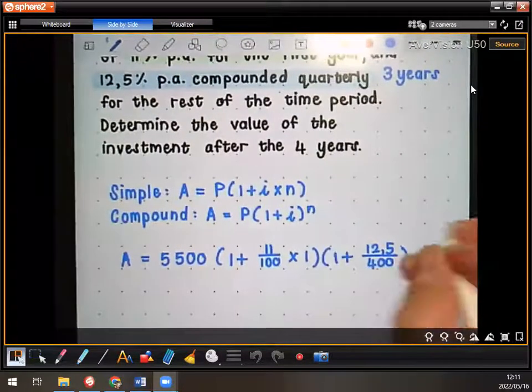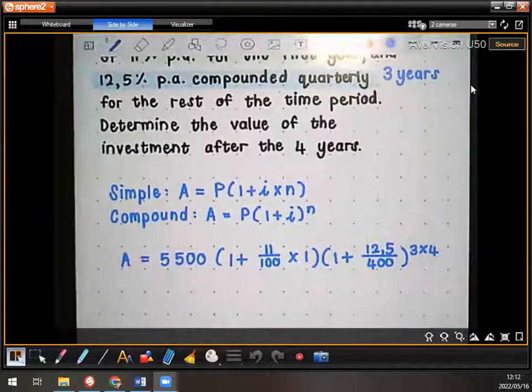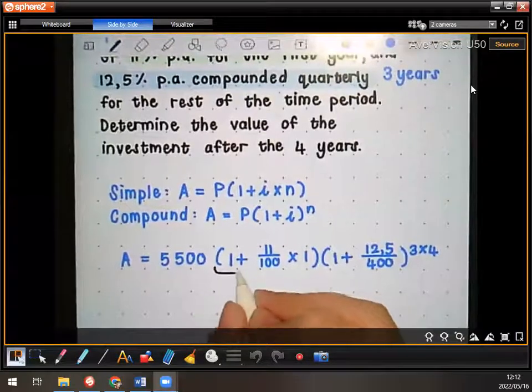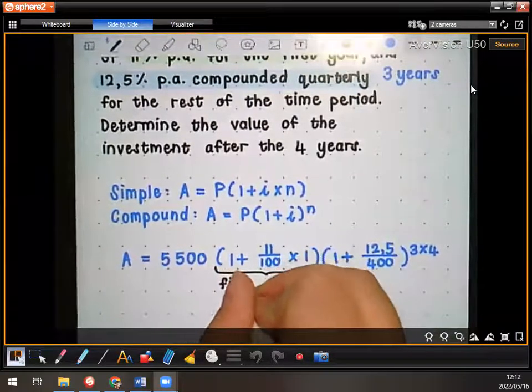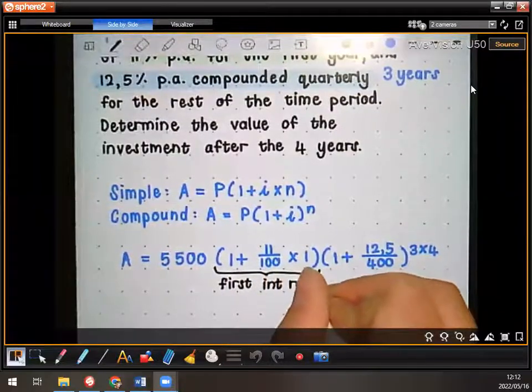We say for 3 years, but how many quarters are there in a year? 4. That's it. You're going to type that in, that's going to give you your answer. Okay, so make a note. First interest rate.